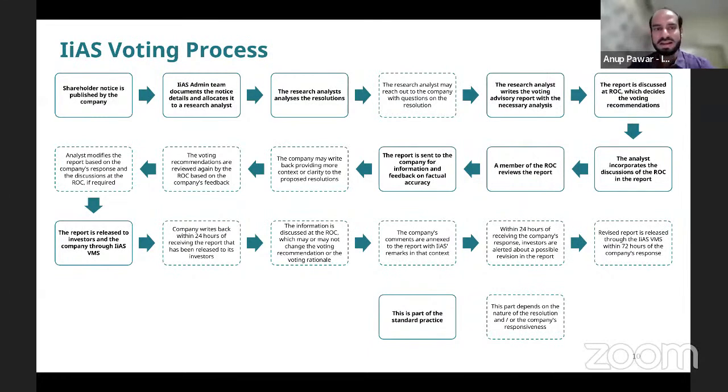For all of the resolutions that we cover, the final recommendation, for or against, is not a single person's opinion. At the end of the day, it's the house call. We have a review and oversight committee where a bunch of us senior folks sit and go through each and every resolution being proposed. The final report is the outcome of continuous deliberation of all of these individuals.